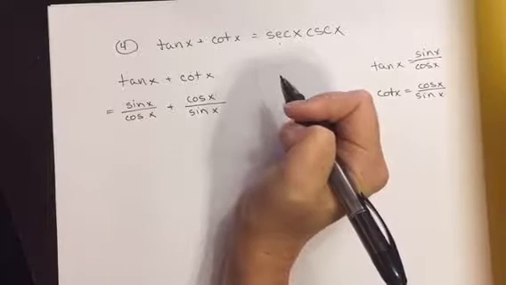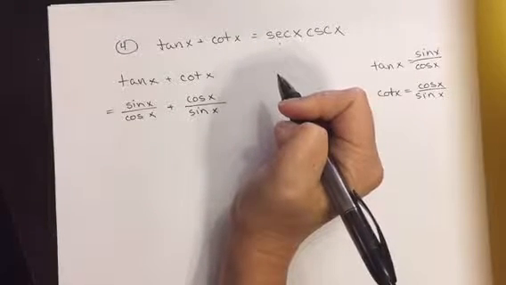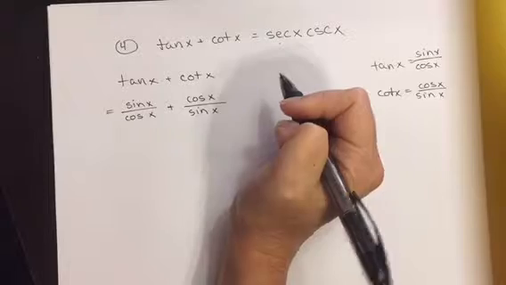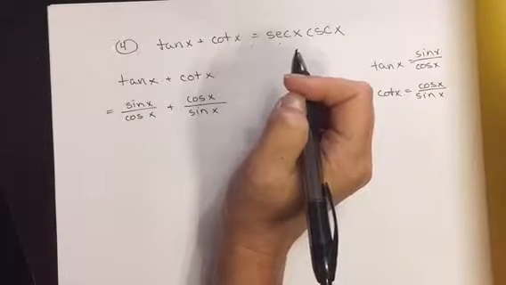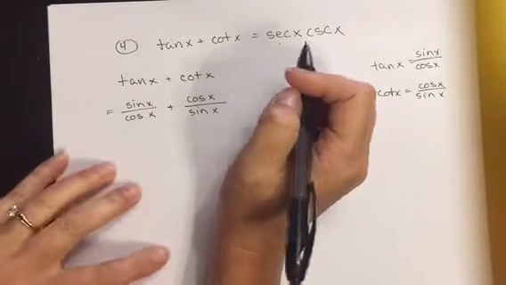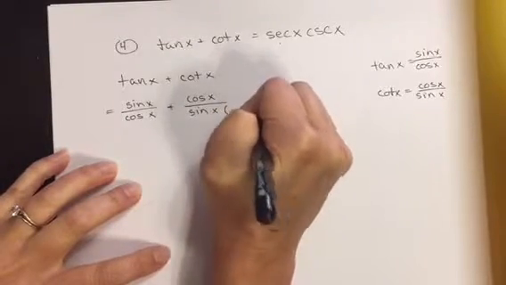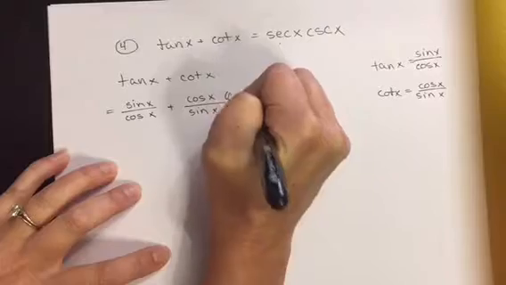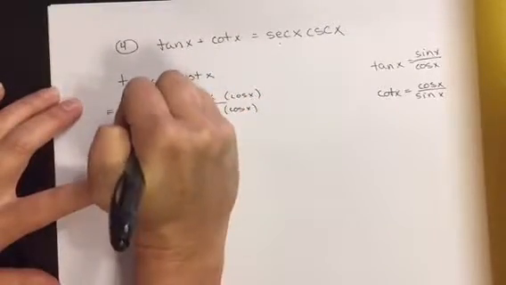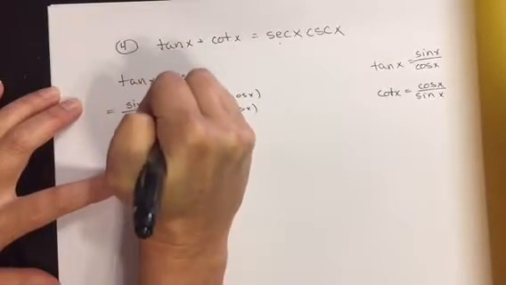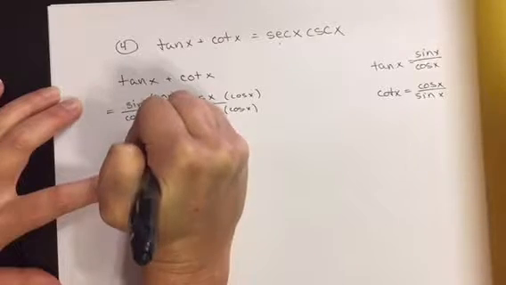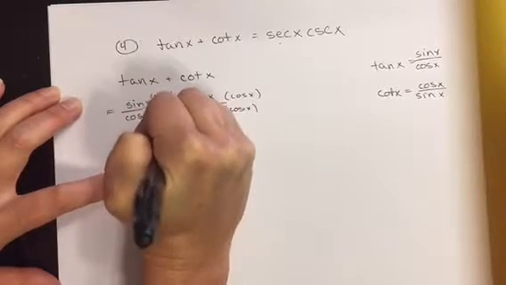All right, so now I've got fractions. I can make a common denominator and add my fractions. So I'm going to multiply this side by cosine x, and I'm going to multiply this side by sine x. I'm going to try not to end up with this too incredibly messy here.